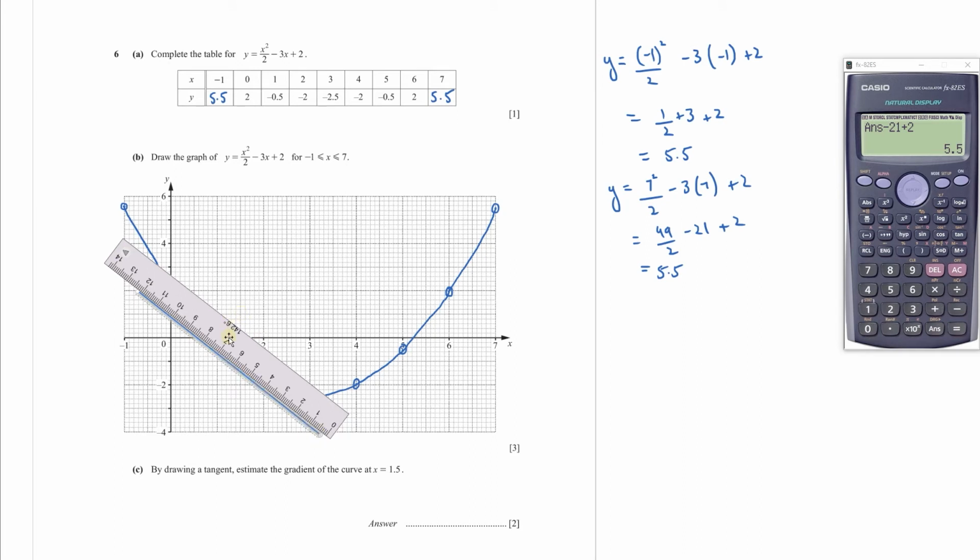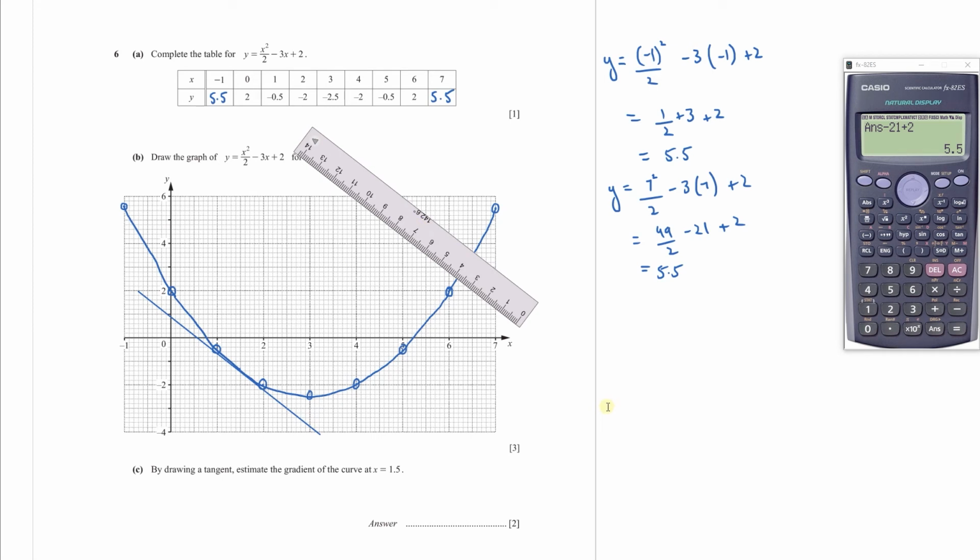Something like this. All right, so this is the line that you will draw, which touches the graph at x equals 1.5. So let's calculate the values. We need any 2 points on this line to calculate the gradient of the curve at this x equals 1.5 value. So let's take this point here.